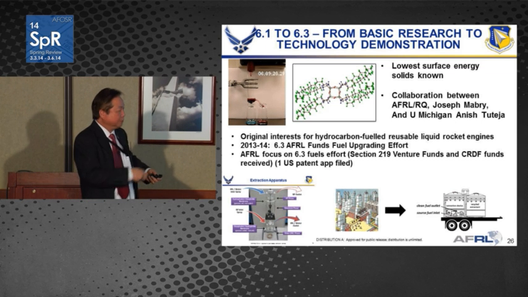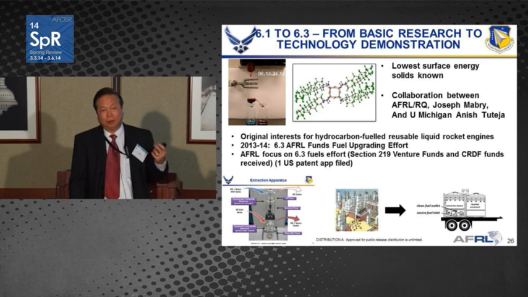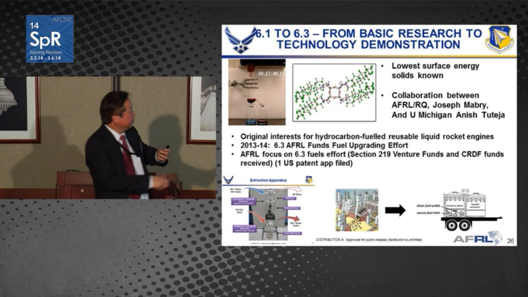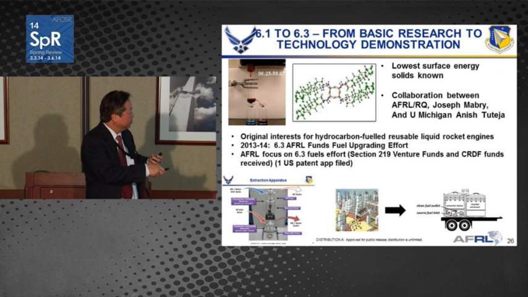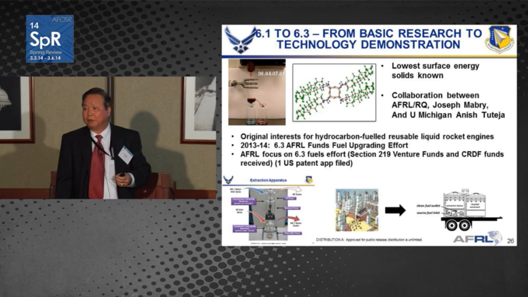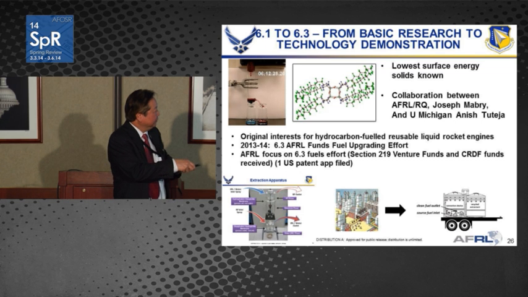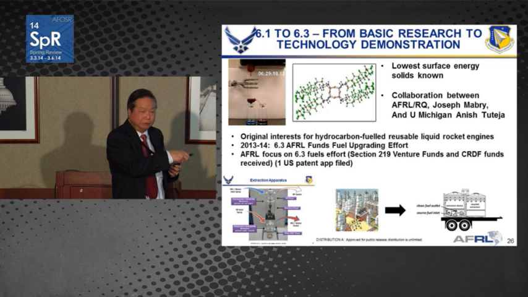This material came out from our MURI studies in 2000, and they found that if you change this silica cages with the polymer outside group, fluorinated, it has very low surface energy. And so this is a collaboration between the propulsion directorate and the graduate student who graduated from MIT and went to Michigan.